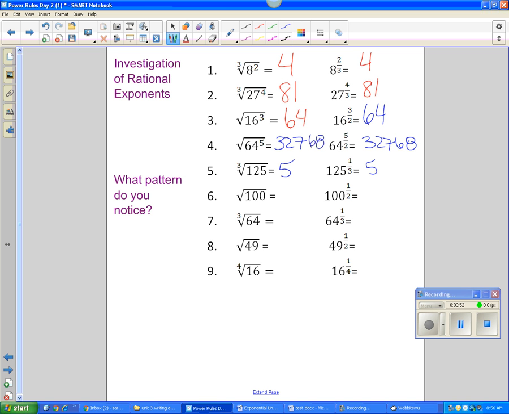Number 6, Madison, what did you get for that one? 10. Same thing over here. Chase, what about number 7? Okay, and number 8. Riley, what did you get? 7.